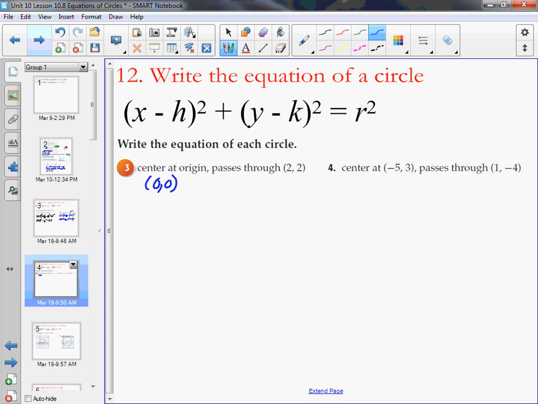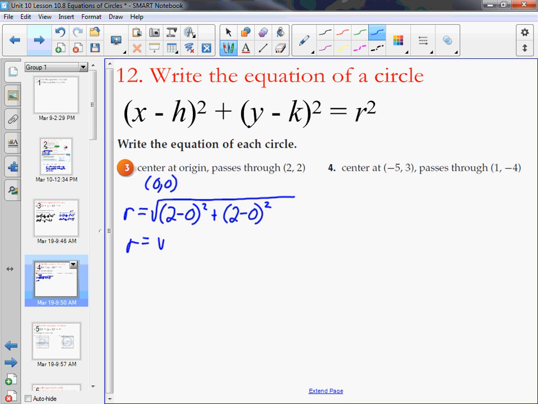Right? So I'm going to call it r for radius equals, then the distance formula, square root of x2 minus x1 quantity squared plus y2 minus y1 quantity squared.